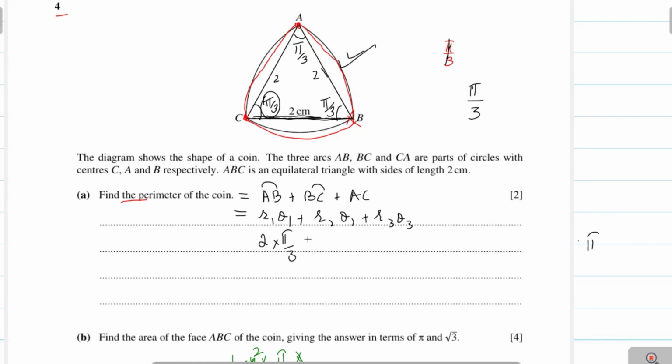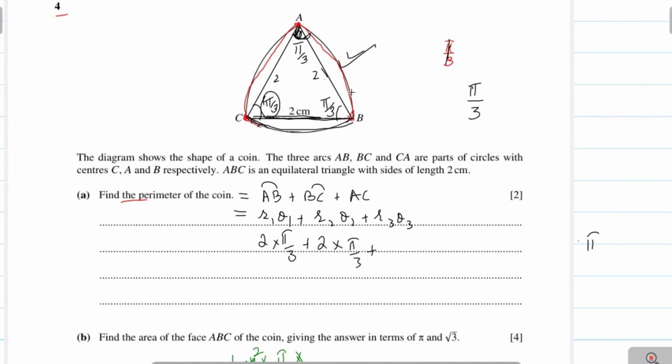And next is the arc length BC. The radius of this sector ACB is 2 centimeters. The angle at A is pi over 3. We have to calculate this arc length: the radius is 2 centimeters, and the angle is pi over 3.